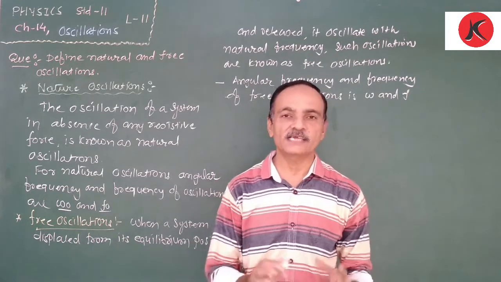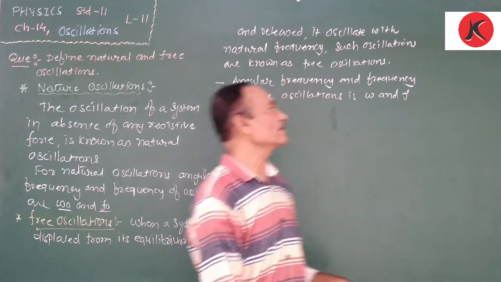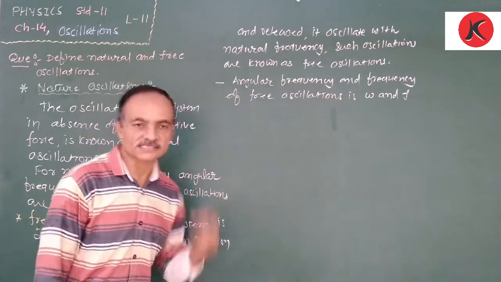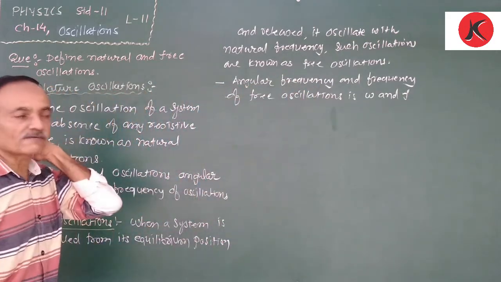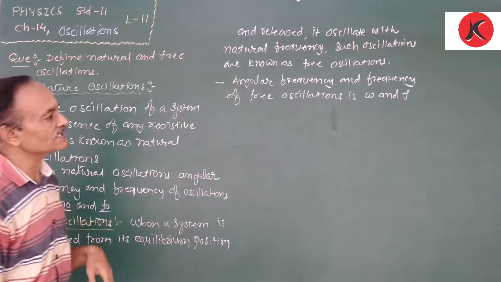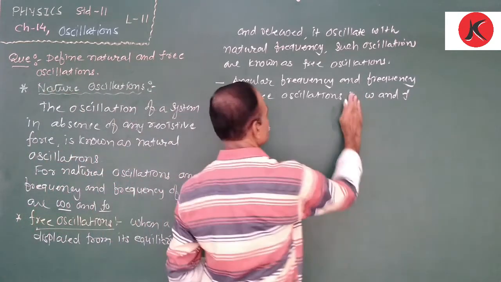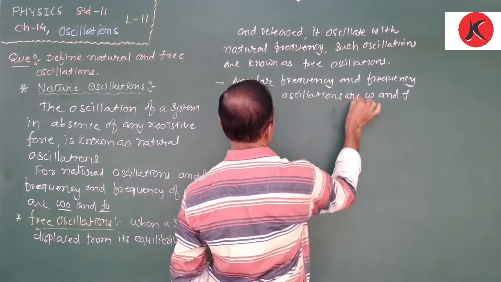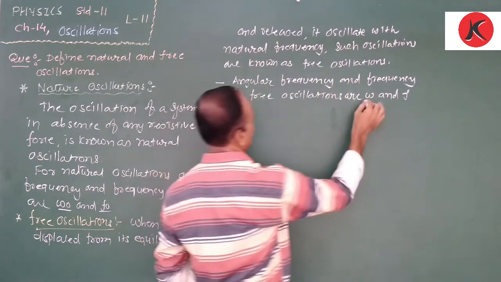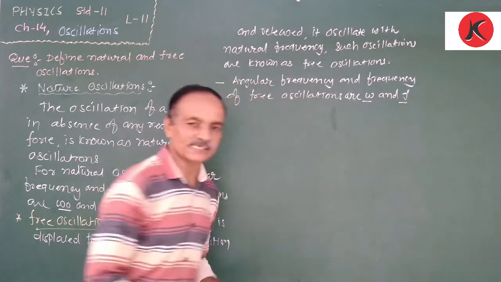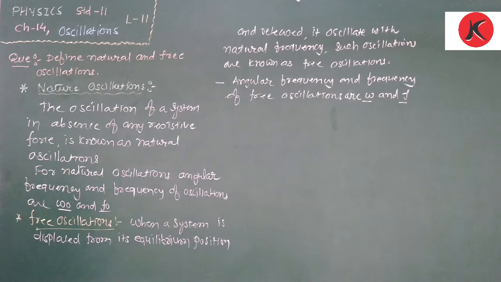So in the initial stage, it oscillates with free oscillation. The angular frequency and frequency of free oscillations are denoted by omega and f. Now after that, the next question is: define forced oscillation.